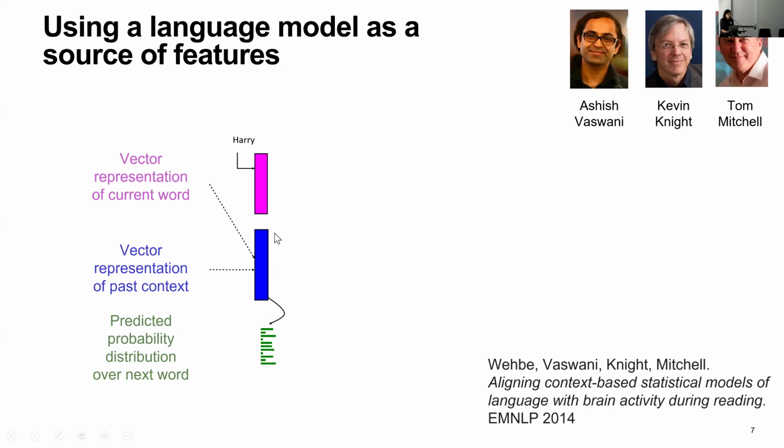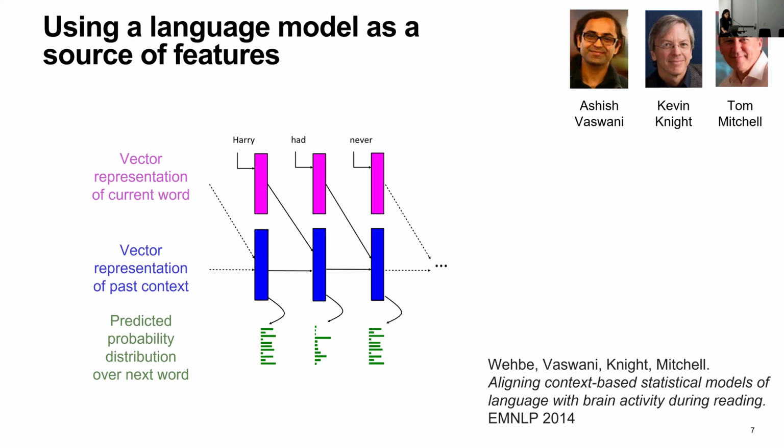And from that context representation, what the language model does is predict the word in that specific position before it knows what the word is. So it outputs a probability distribution in this position. And then once it sees the actual word Harry, it combines it with the previous context, generates a context for the next position, and so on. And so in some simplified way, this network is reading these words word by word, just as a human subject sitting in a scanner would be reading them.